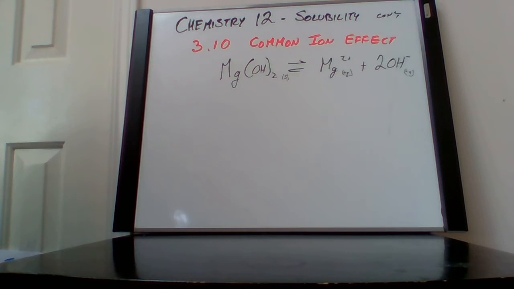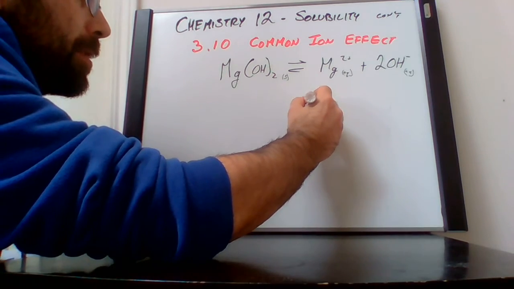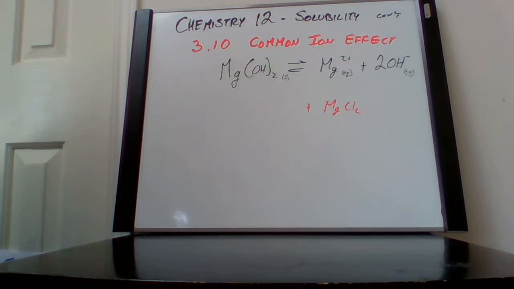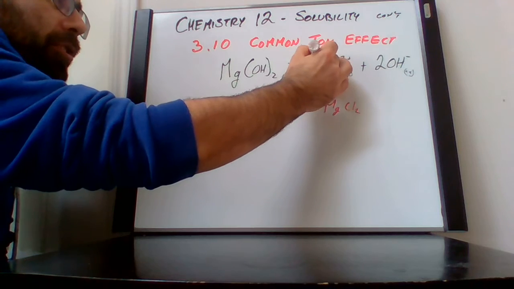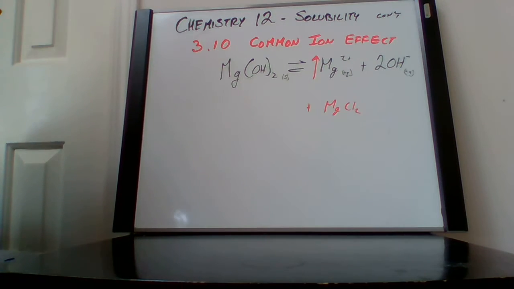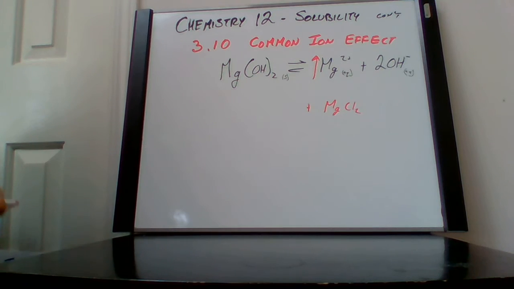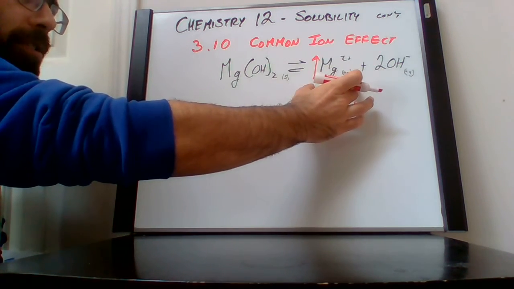Now, if I add into this equilibrium some magnesium chloride, as in that example at the bottom, I'm increasing the magnesium concentration. So Le Chatelier wants to change that, and in order to do so, I need to drop that concentration.